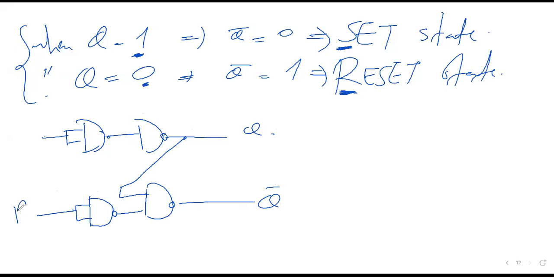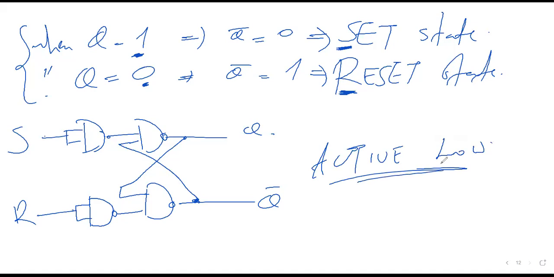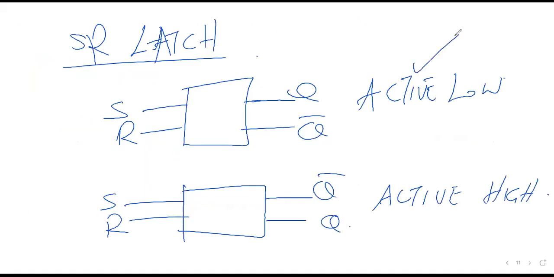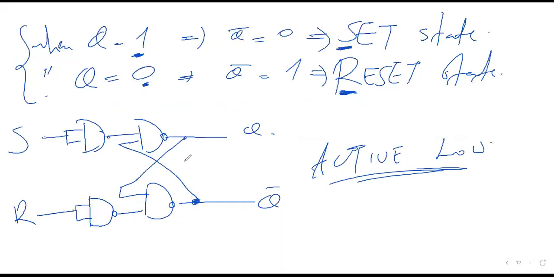So this is my R, this is my S. Voila. This is an active low circuit of the SR latch. The block diagram is right here. What is inside here is this circuit. Two inputs S and R, two outputs Q and Q bar.